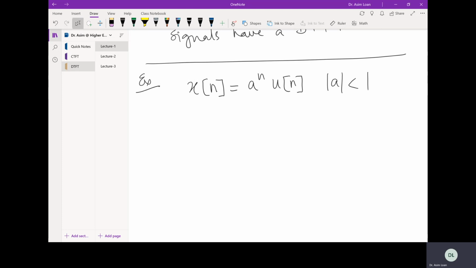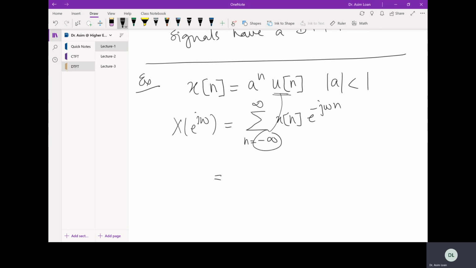So X of e^(j omega) is the sum from n equals minus infinity to plus infinity of x of n e^(-j omega n), which, because of this u of n, has a lower limit of 0: the sum from n equals 0 to infinity of (a e^(-j omega))^n.